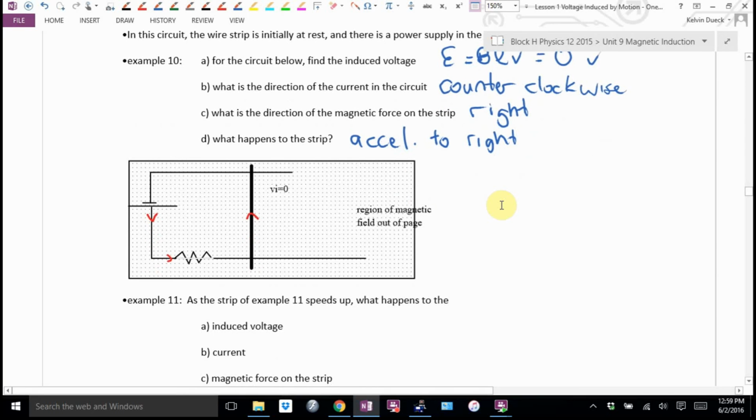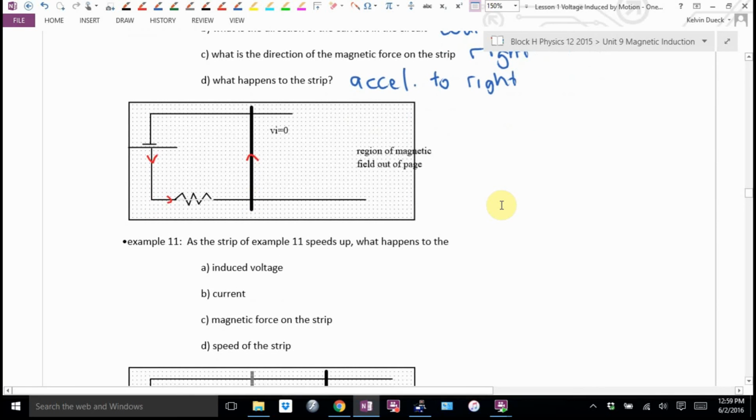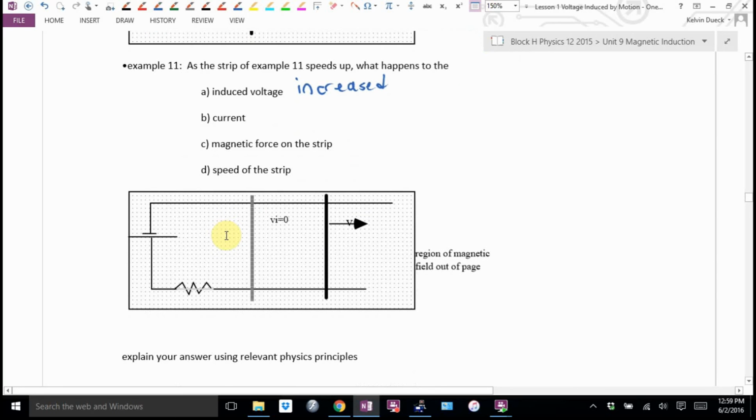So, what did you say, Clay, as the strip moves, what happens to the induced voltage? You said it increased, yes? Yep. What happens to the overall current? Well, we have current coming in, but as soon as it starts to move, we can look at picture number 11 here.